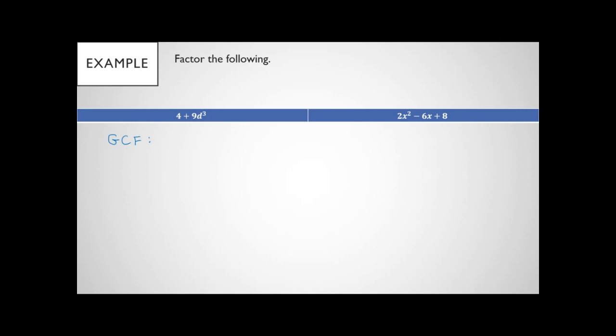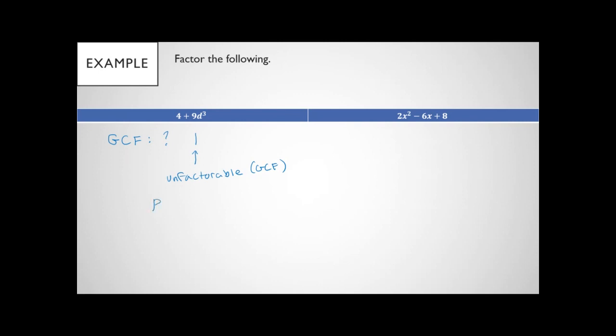So if you go through and you don't see anything in common, we say the greatest common factor is 1. And if your greatest common factor is 1, that means this is unfactorable. Basically you can't take out a greatest common factor.